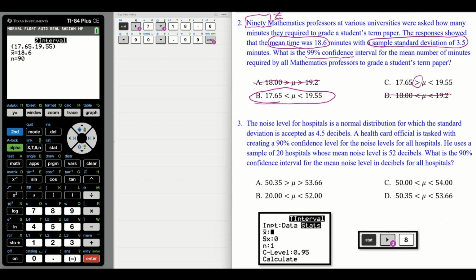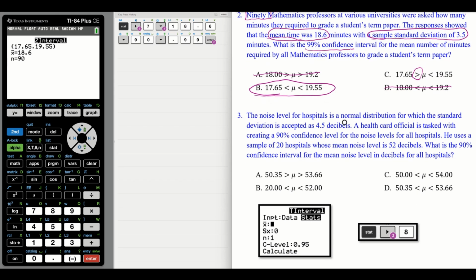Okay. Now, let's look at number 3. And remember, earlier in the video we discussed the flow chart and the requirements for a flow chart. This one is questionable because of wording, but let's give it a try.